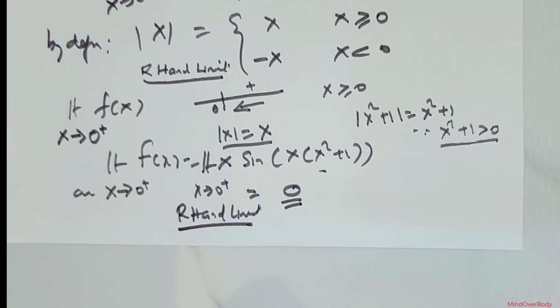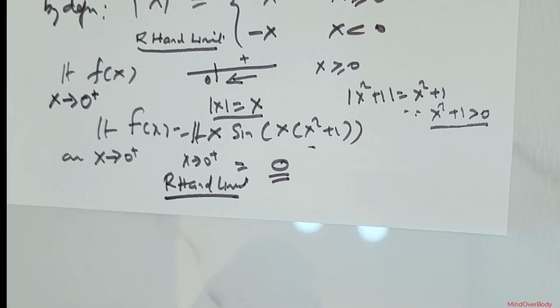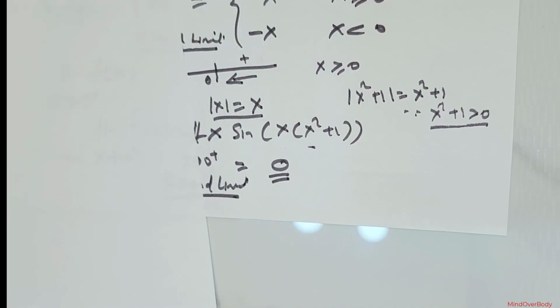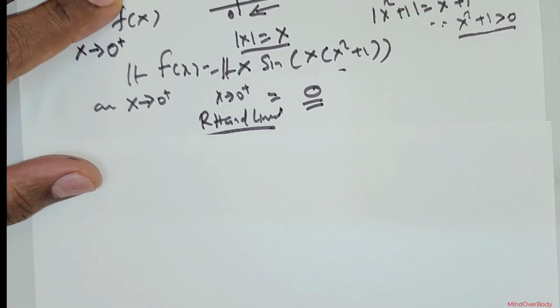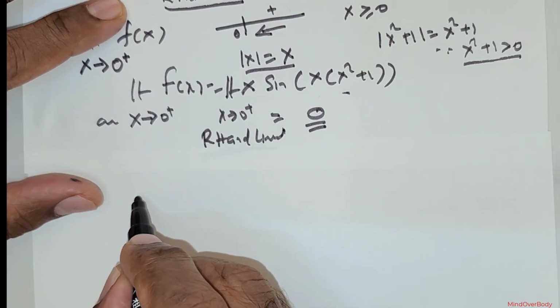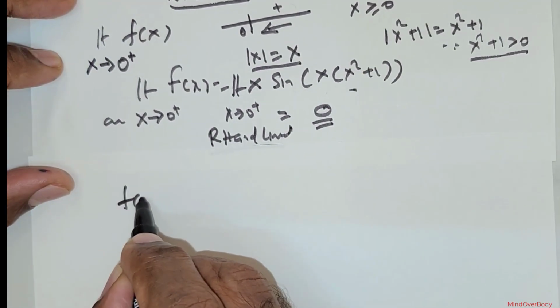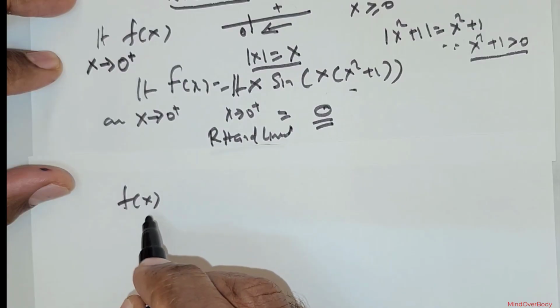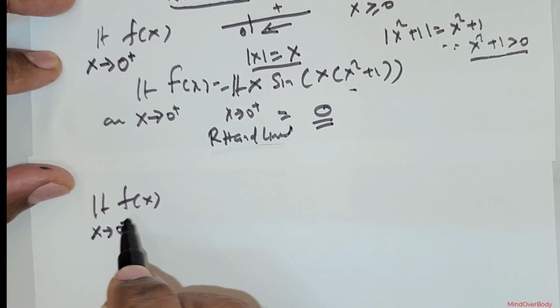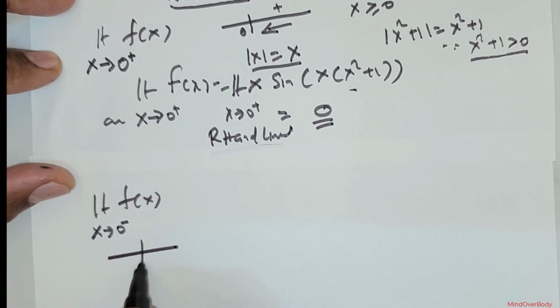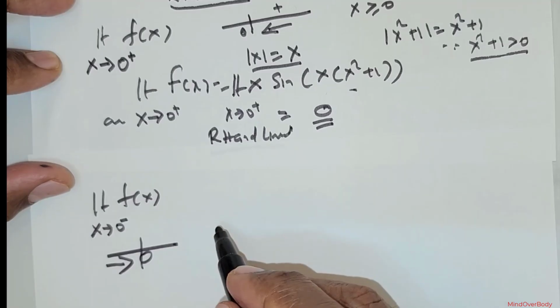Fair enough. Now I'm going to go to the next page so that you can have the frame in view. So now I'm going to take f of x. I need to define f of x for x approaching 0 from the left side. So you have the number line, 0 is here, so 0 is being approached from the left hand side.